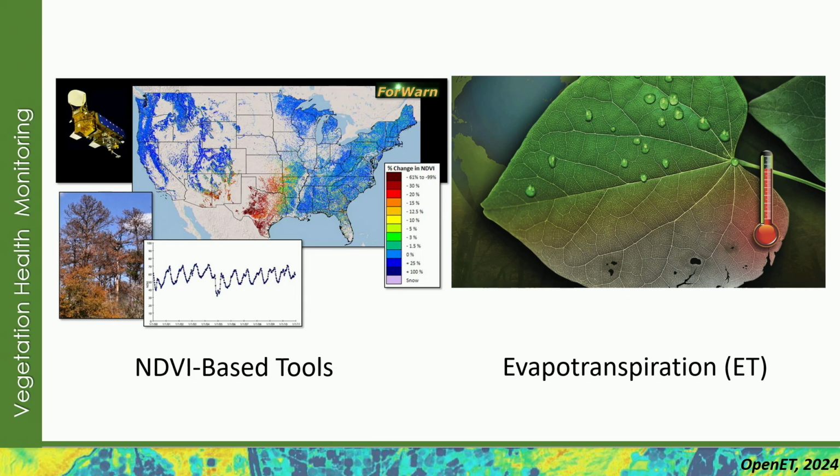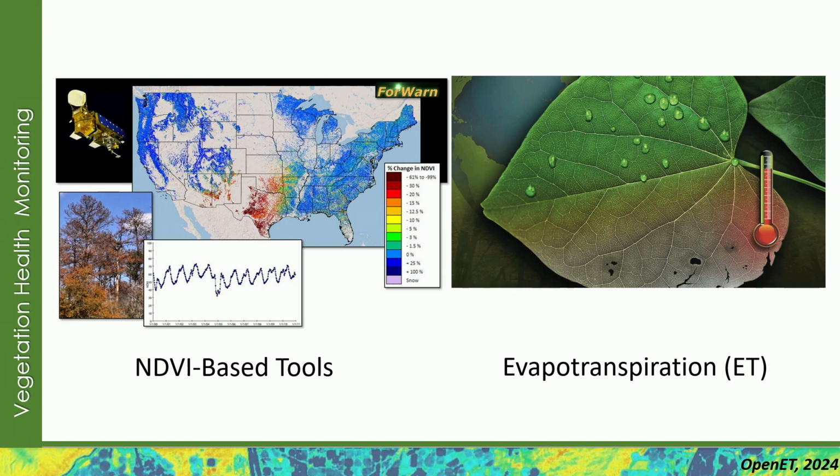So how do we estimate evapotranspiration? Well, for this workshop, this is not really an issue, right? OpenET can provide you the field scale evapotranspiration. But here I want to go a little bit into the theory of how we really estimate ET in OpenET.